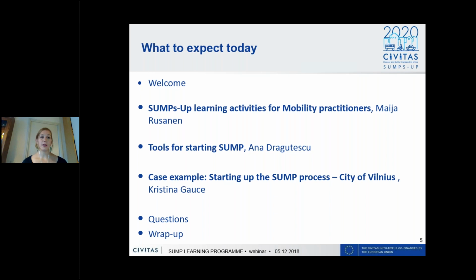And then we will hear the practical case example: how did the city of Vilnius start their SUMP process, and how have they proceeded so far. Kristina will give us an insight into that. Then we have time to answer your questions. You can type in the questions during the whole program whenever they come to your mind, so we can manage them. And then we'll have a short outlook of what's coming next.